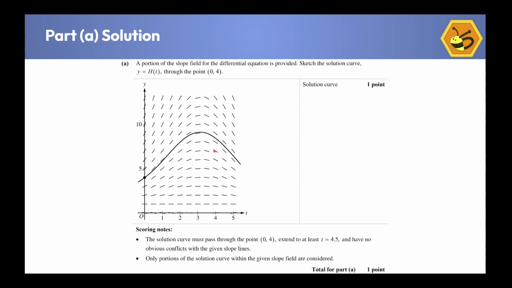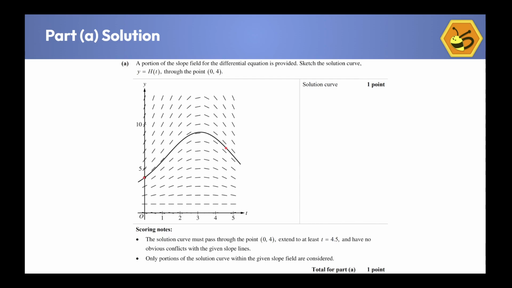So we need to provide a rough sketch. 1 point, and you must pass through (0, 4), and you need to extend to at least 4.5. So at least here. No obvious conflicts with the given slope lines.